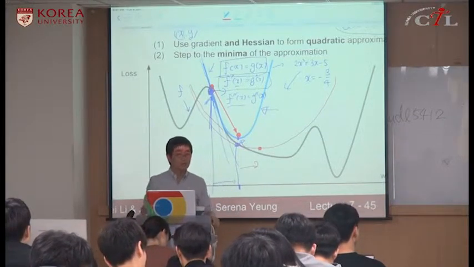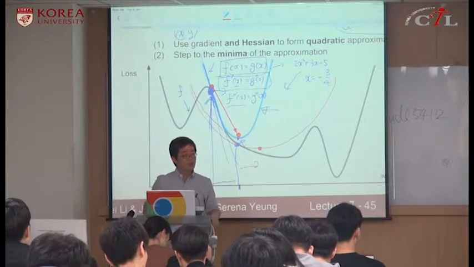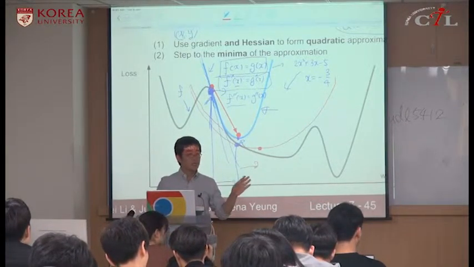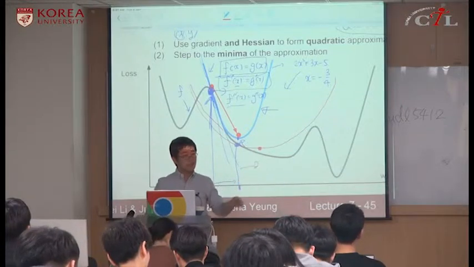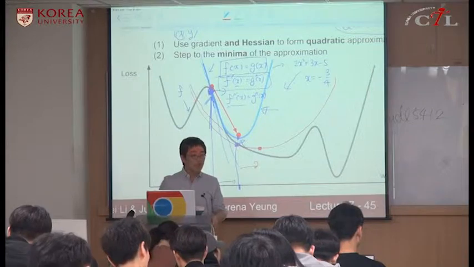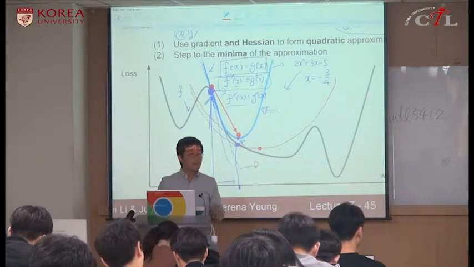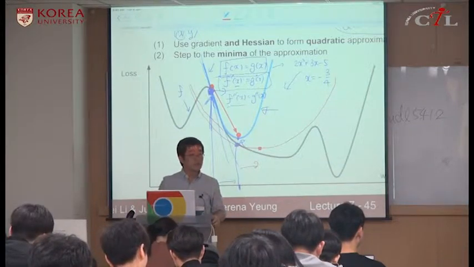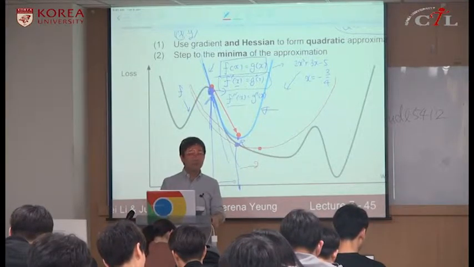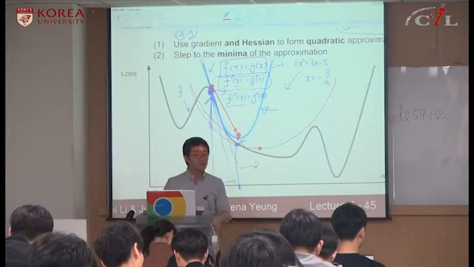In terms of the difference between first order and second order optimization, the first order optimization is gradient descent, and the second order works in this manner. The main difference is that we don't need any step size in the second order optimization, right? Because we can just directly go to the minimum possible point from this second order approximation.